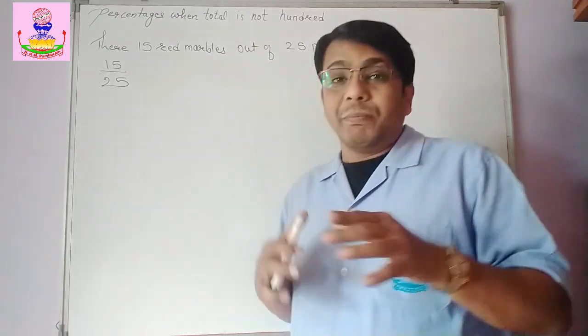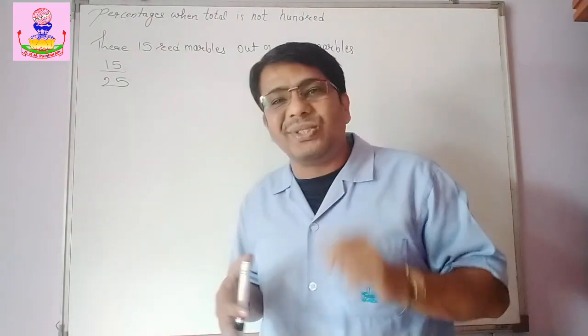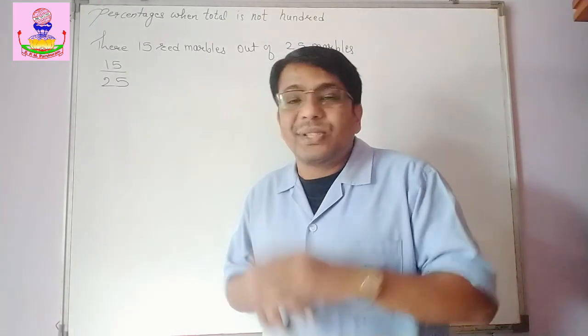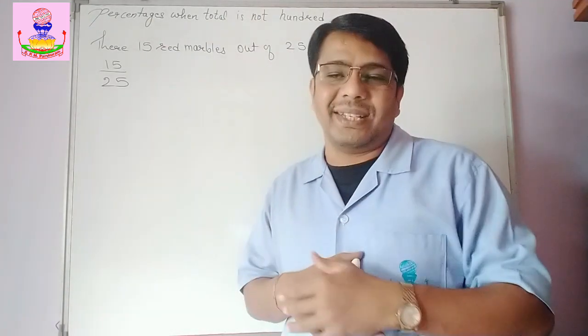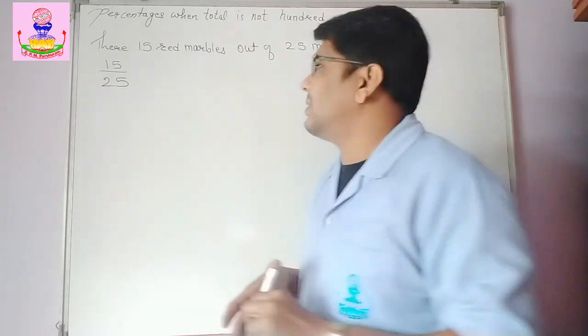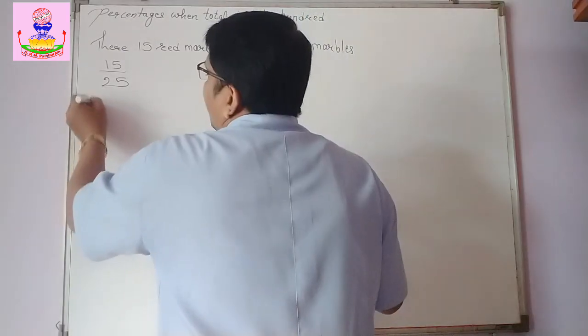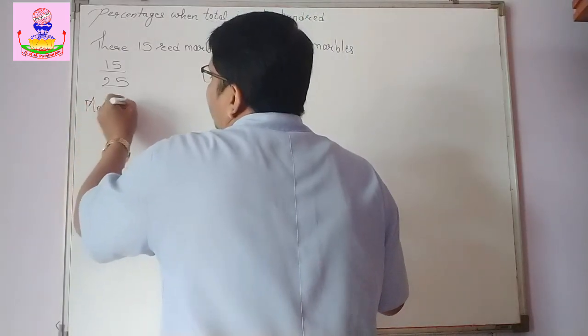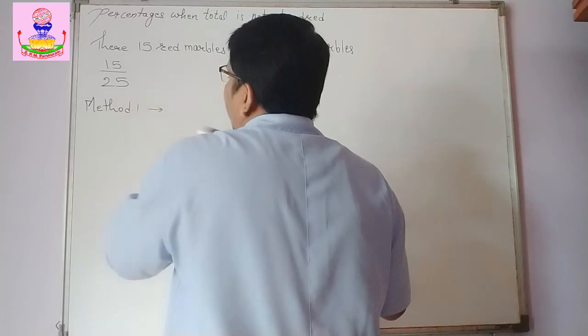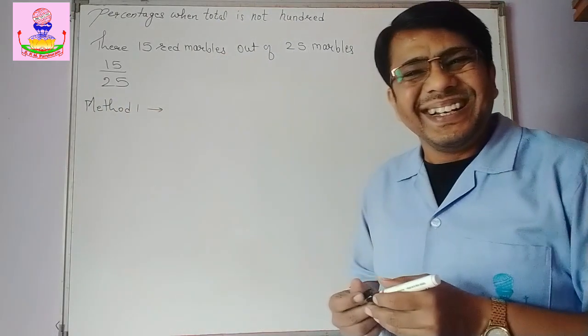So first method. There are various methods we can use here, dear students. It depends on you how you use it. Okay, so method 1, which is used by the genius Aryan Madhav.